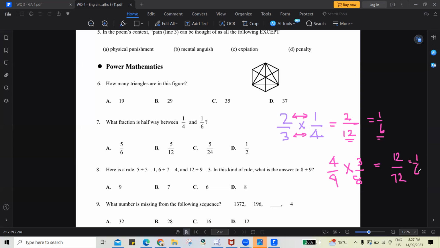You know that there's another method. We will cut top and bottom. If you divide the top 4 by 4, it's 1. If you divide the top by any number, do the same to the bottom. 8 divided by 4, 2. I divided both top and bottom by 4.